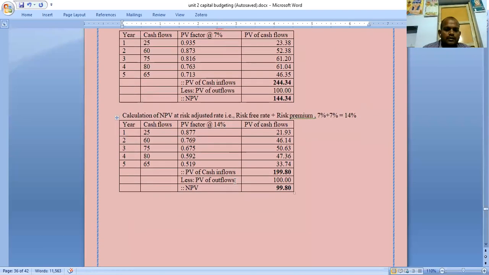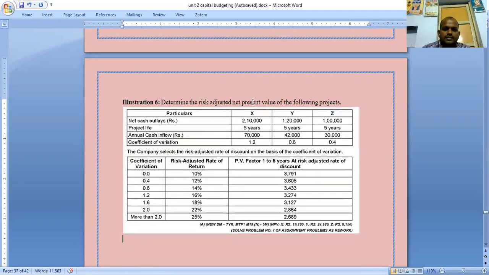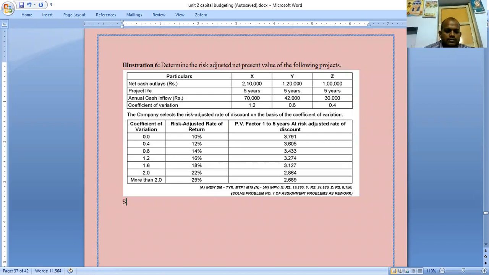Let us solve another illustration. Determine the risk-adjusted net present value of the following projects. This is also a very easy one.